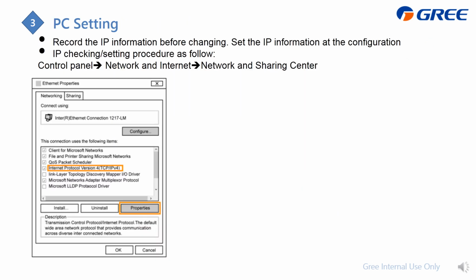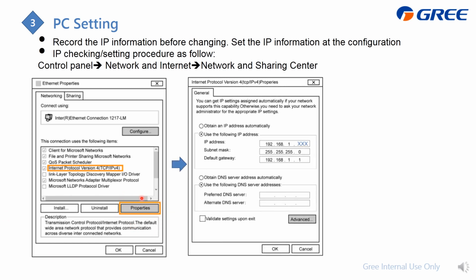After connecting, you need to check your PC IP, and here is how to check it. Just follow this. First is the control panel, then go to network and internet, then select network and sharing center. Then you will go to this page. At this page, just click here and then press this button. Then it will go to this page, and you need to use this one.